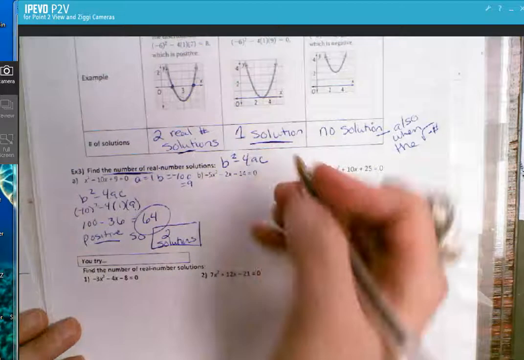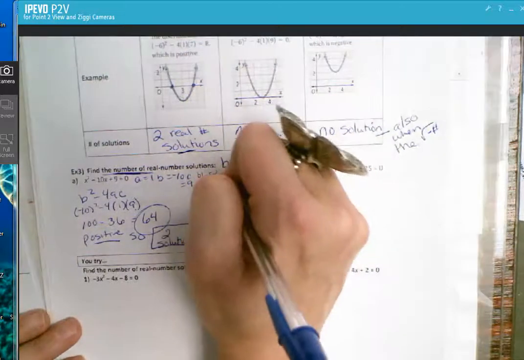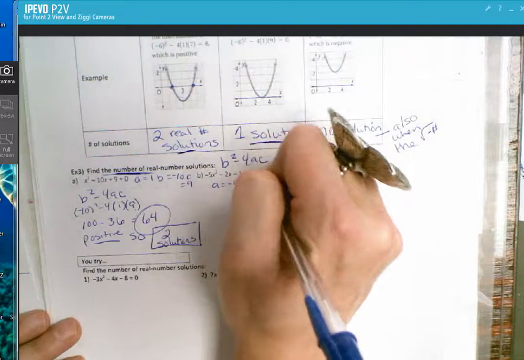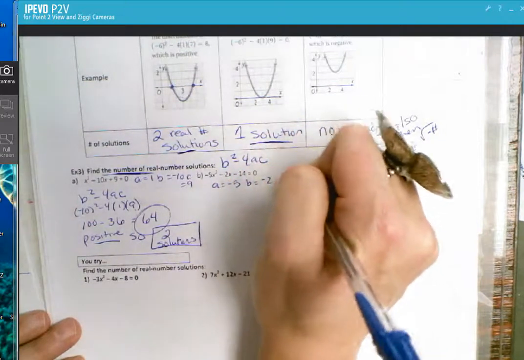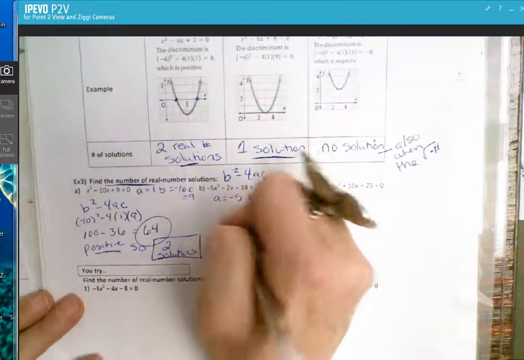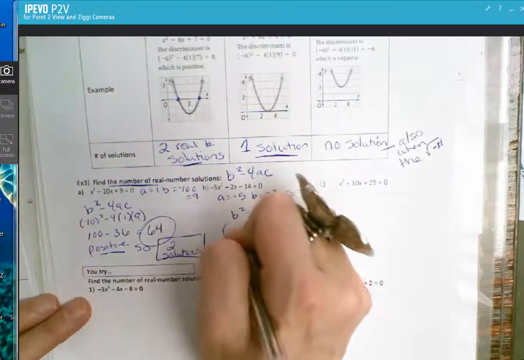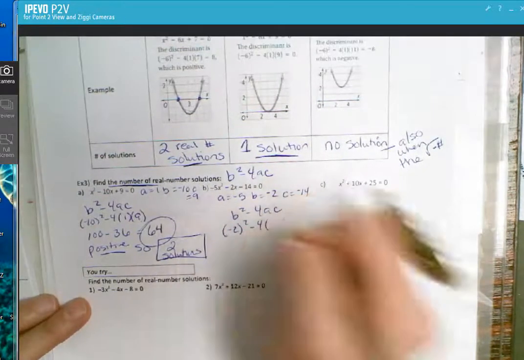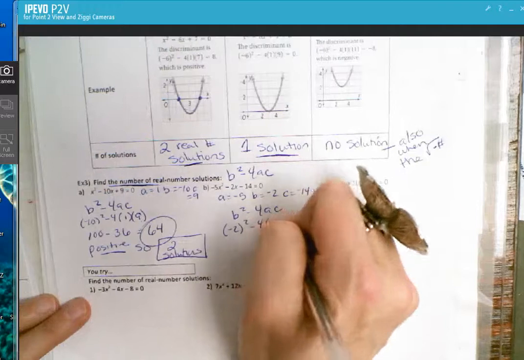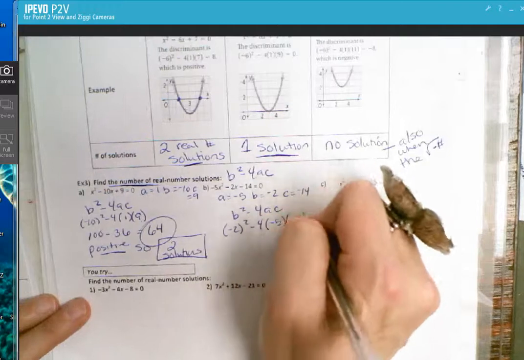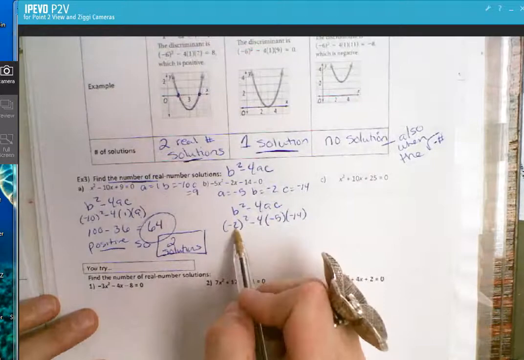Let's try this one. a is equal to negative 5, b is equal to negative 2, and c equals negative 14. So b squared minus 4ac, b squared negative 2. Negative 2 squared minus 4 times negative 5 times negative 14. Negative 2 times negative 2 is a positive 4.